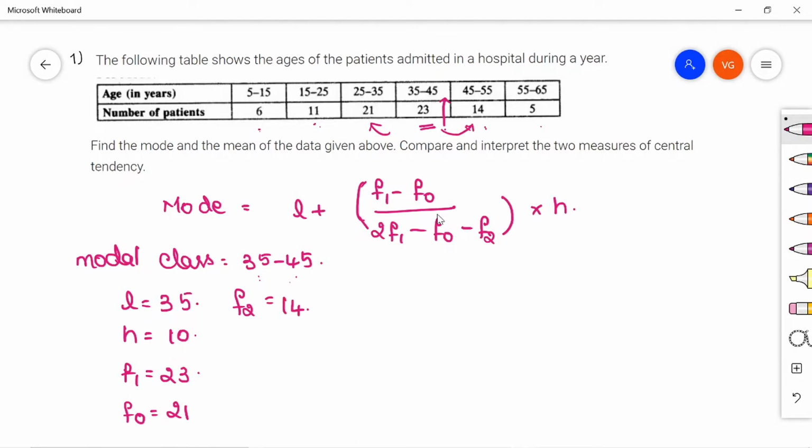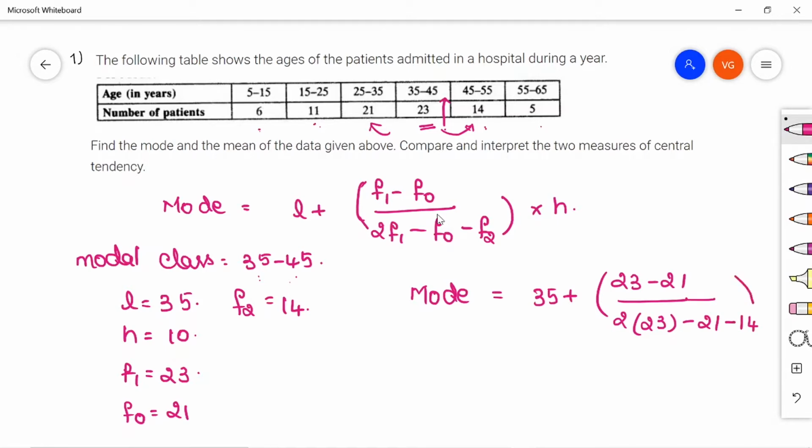Now let us substitute everything in the formula to find the mode of the given data. L is 35 plus (F1 minus F0), so 23 minus 21, divided by 2F1, so 2 into 23 minus F0 which is 21 minus F2 which is 14, multiplied by 10.